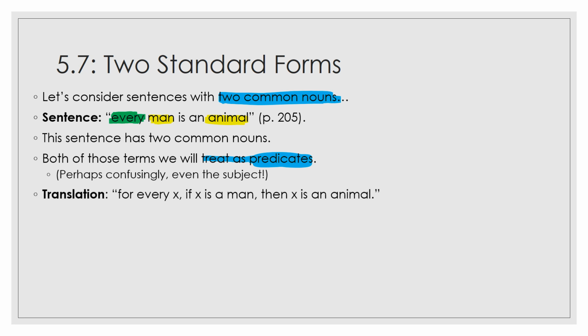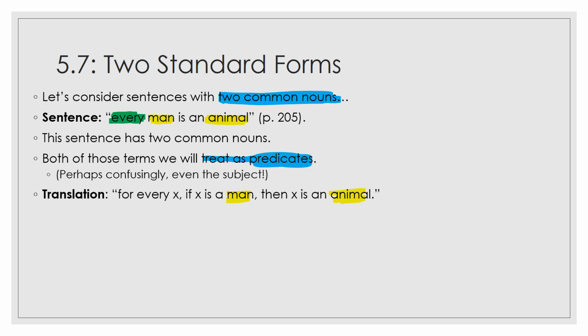So here's a translation, well, I should say kind of an intermediary step towards the symbolic notation. We'll say for every x, if x is a man, then x is an animal. In other words, man is a predicate of x, and animal is a predicate of x, at least in terms of the antecedent location and the consequent location.